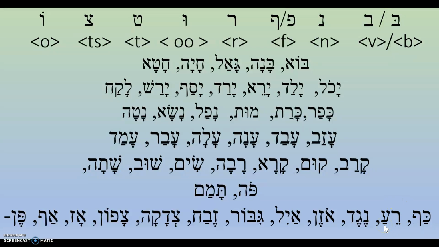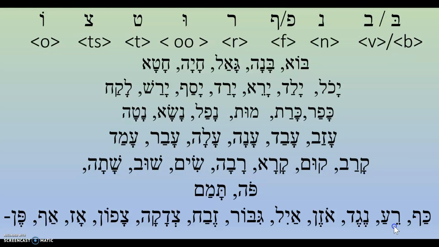Rea. Now this patach under ayin is a furtive patach, and it has just this slight difference of the rule, where the consonant is read after the vowel, not the usual way before the vowel, but after the vowel, which in this case really doesn't matter much because ayin is silent anyways.